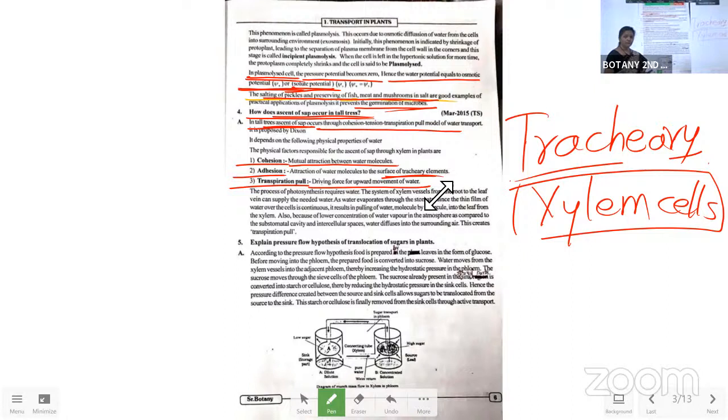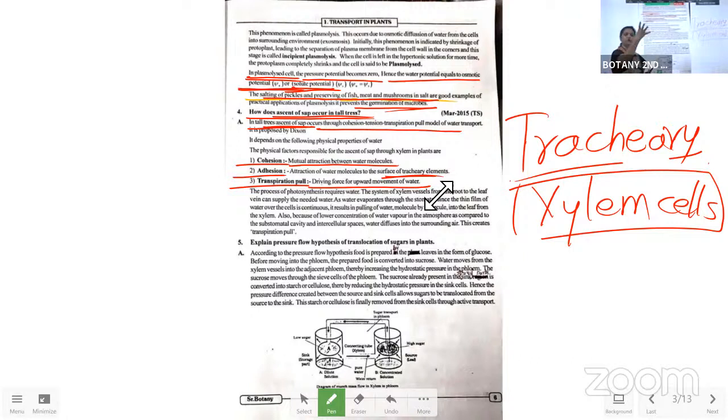So from one cell to another cell, from the dorsal side of the leaf, the pressure keeps on going till the root hair, so that the root hairs will absorb water and pump it in the upward direction to the cell which was deficient of water molecules.